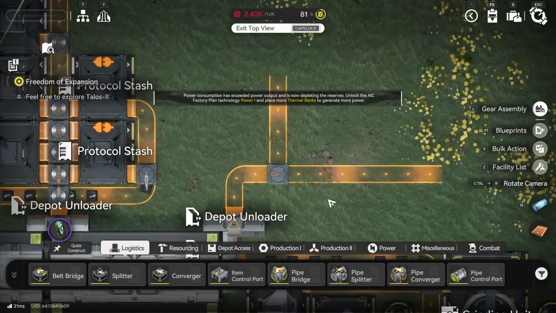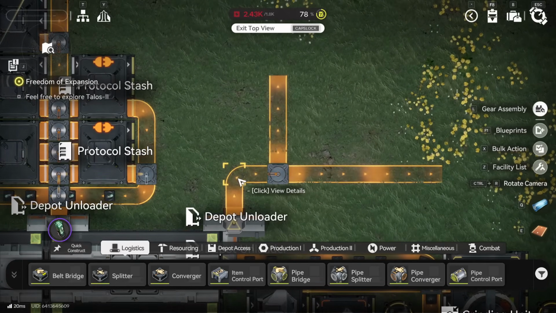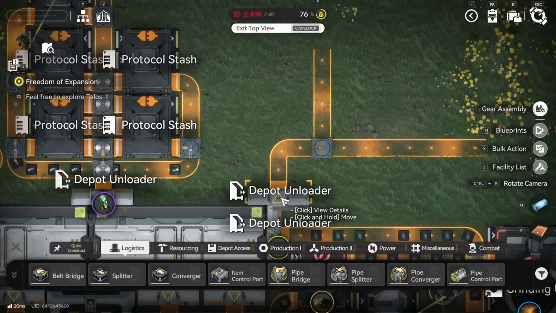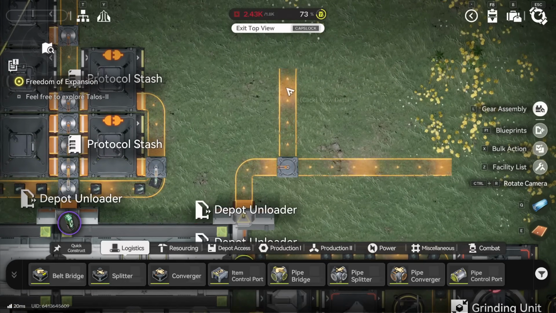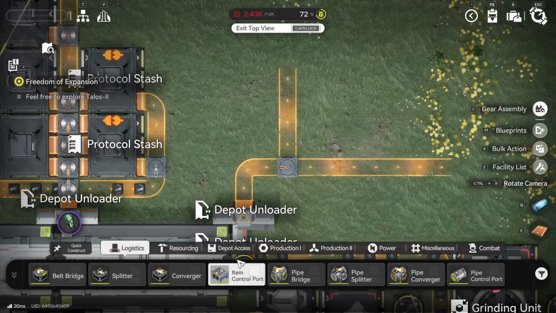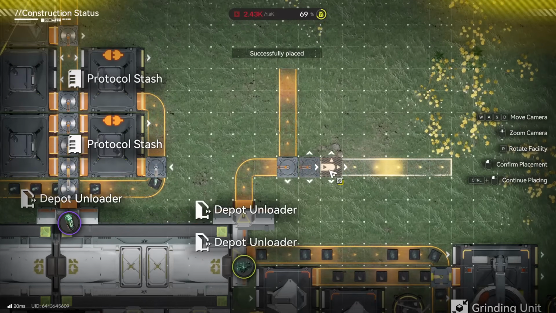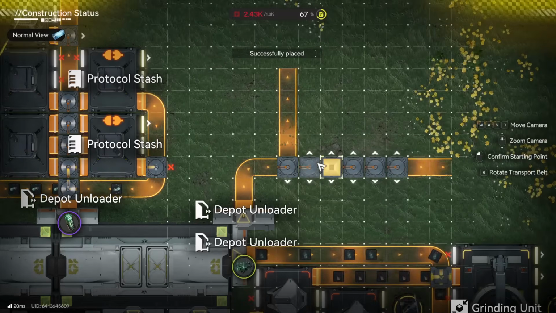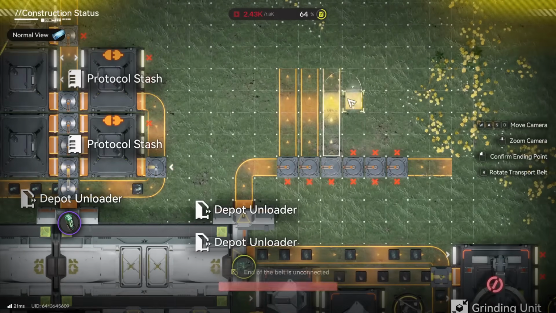So if I can guarantee that this conveyor belt has an item arriving every 2 seconds, which a depot unloader does very consistently, there's gonna be an item on these conveyor belts every 4 seconds. And if we keep playing this game, I can make it 8, 16, 32, 64, 128 seconds for items to arrive on these conveyor belts accordingly.